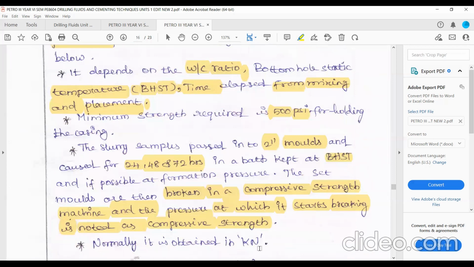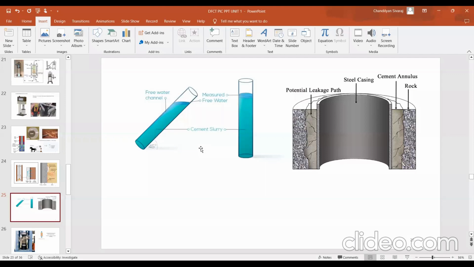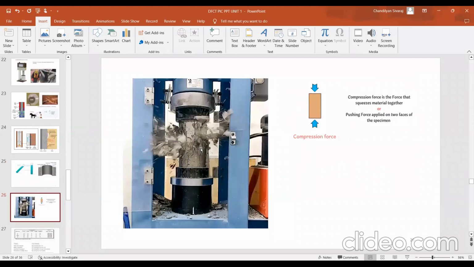You see the picture to understand it. Here you see, you make a cement mold, and let it settle for 24 hours or 48 hours or 72 hours, and then put it in the cement compressive testing machine. So you want to study it by taking this cement mold, after it is set for 1 day, 2 days, 3 days, and apply the compressive force.